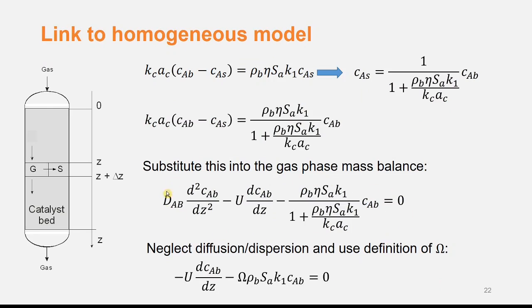And then we assume that dispersion or diffusion is negligible. So we can drop the second derivative term, and remembering the definition of the overall effectiveness factor, we can substitute this in and see that the equation is the same as the homogeneous model.